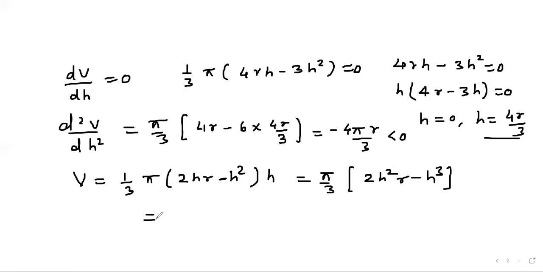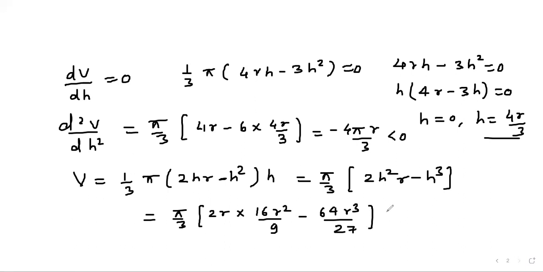So it becomes pi by 3 times 2r into 16r square upon 9 minus 64r cube upon 27, which is equal to 32 pi r cube divided by 81.